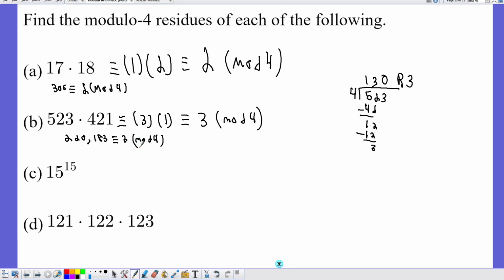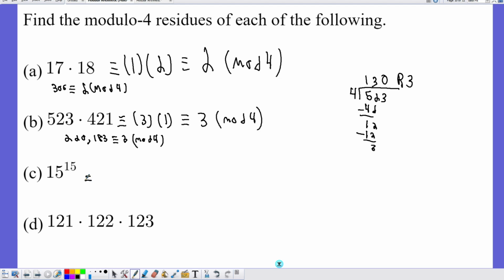Not an essential part of the problem, but just to help us conceptualize all the things we can learn from this process. Alright, 15 to the 15th power, mod 4.